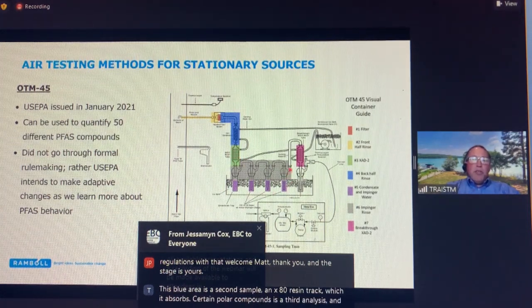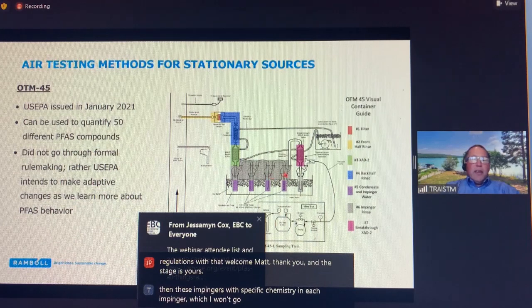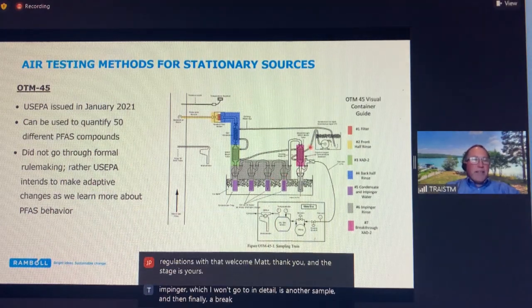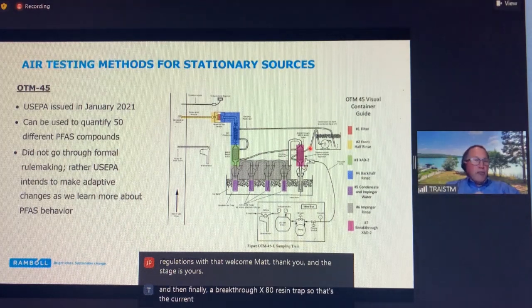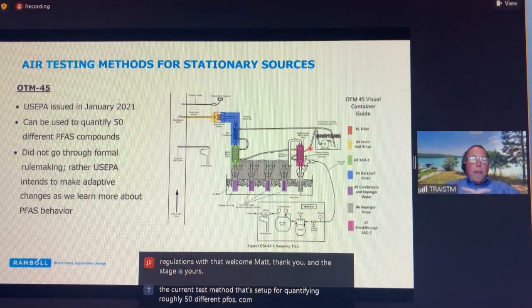And then these impingers with specific chemistry in each impinger, which I won't go into in detail, is another sample. And then finally, a breakthrough XAD resin trap. So that's the current test method that's set up for quantifying roughly 50 different PFAS compounds.